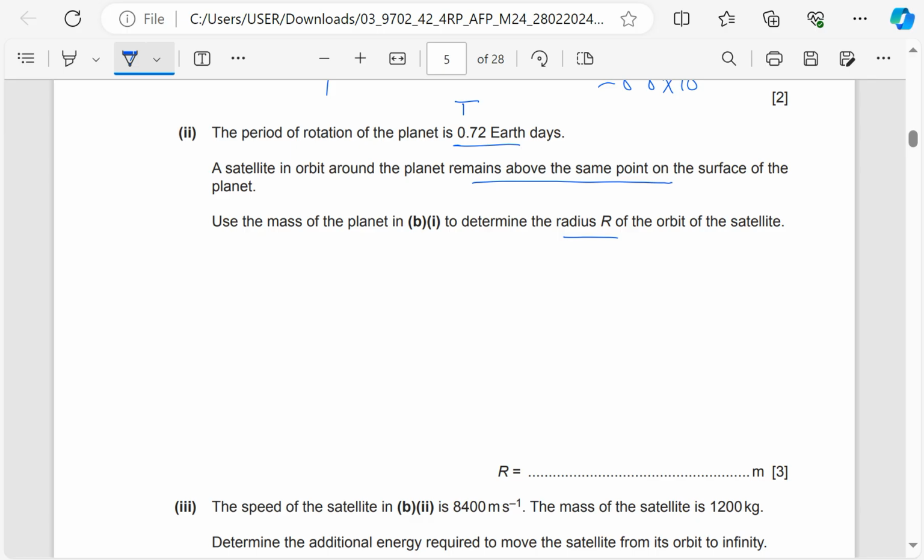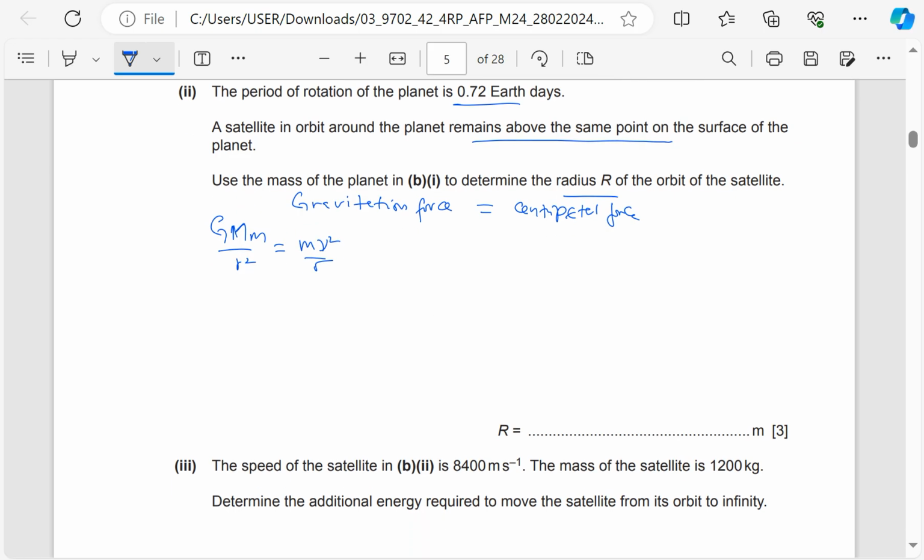So if it is remaining at the same point, simply because the gravitational force is equal to the centripetal force. So I will just equate capital G, capital M, small m over r squared to m v squared over r.